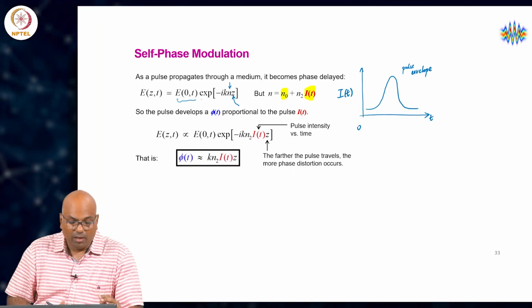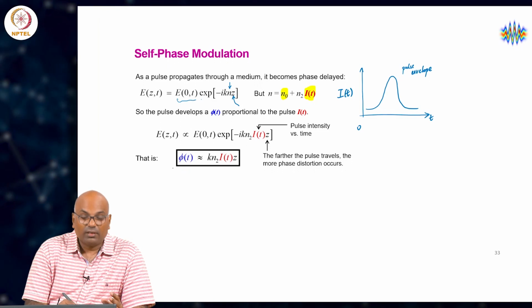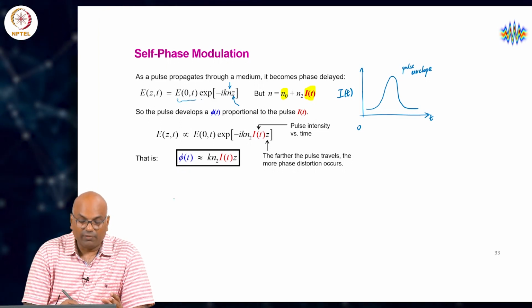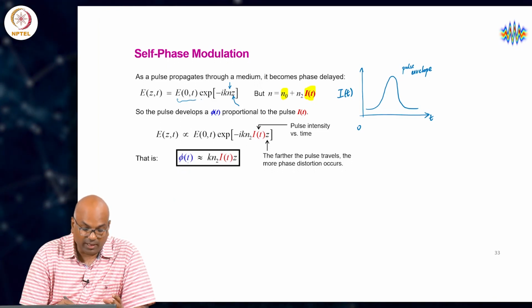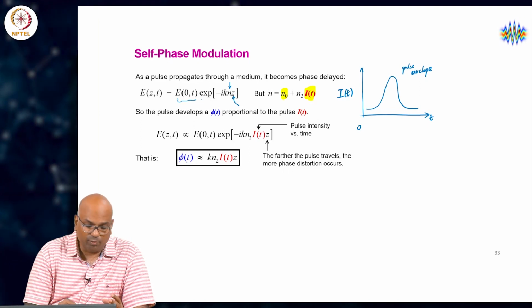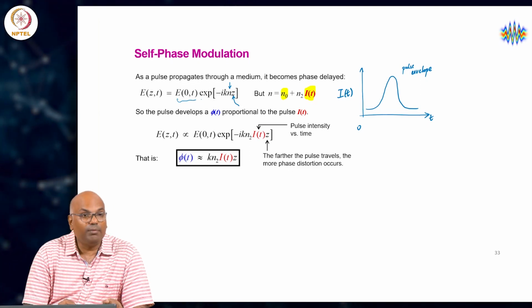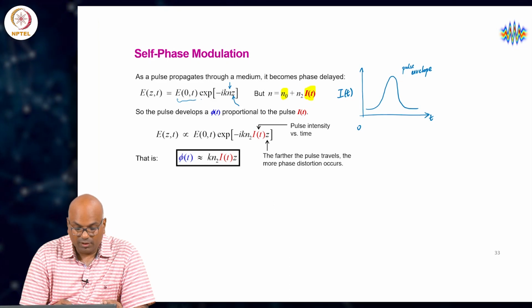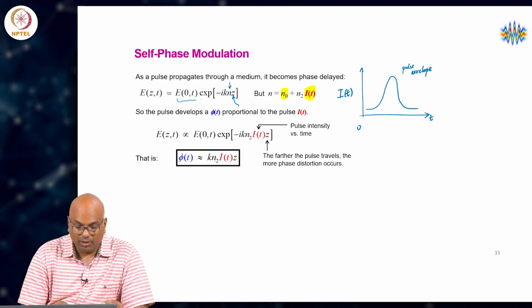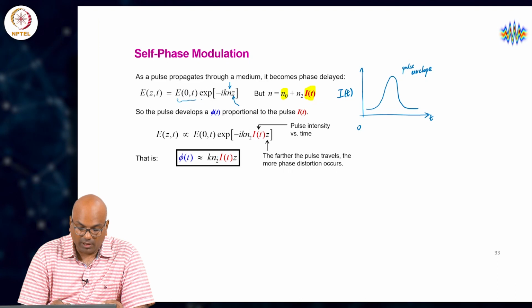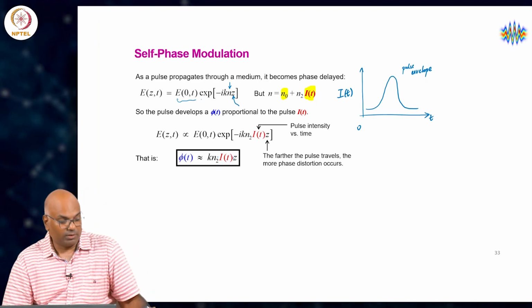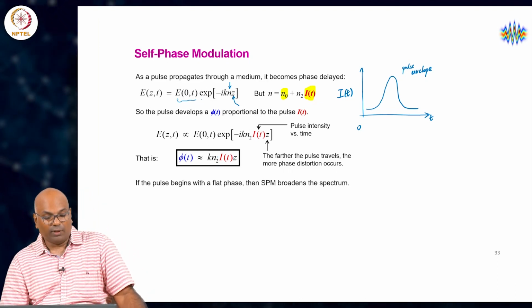But what we are interested in is the variation of this phase phi of t with respect to time, and that can now be captured, that is the time varying part of phi is essentially equal to now k n2 times I of t times z. Now, we can see where we are going.